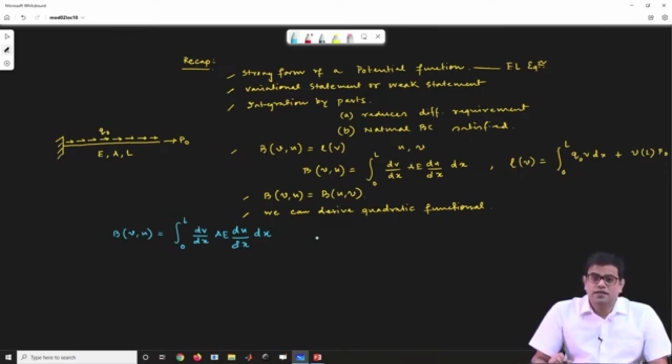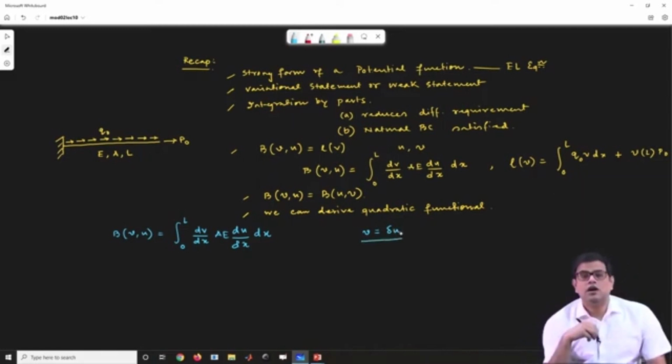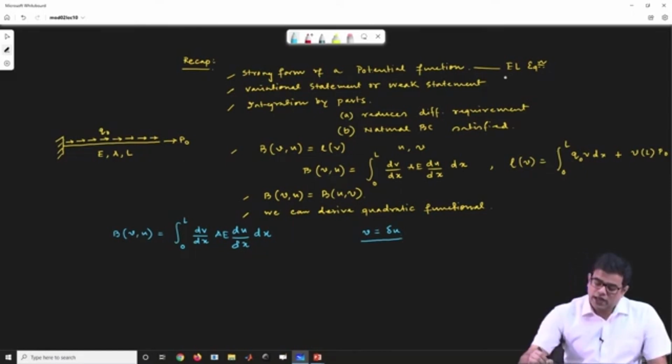In the previous lectures, V is essentially the variation of U, similar to the first variation we derived for the Euler-Lagrange equation.